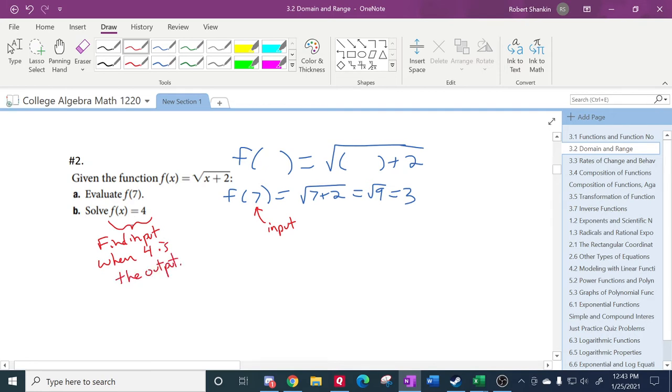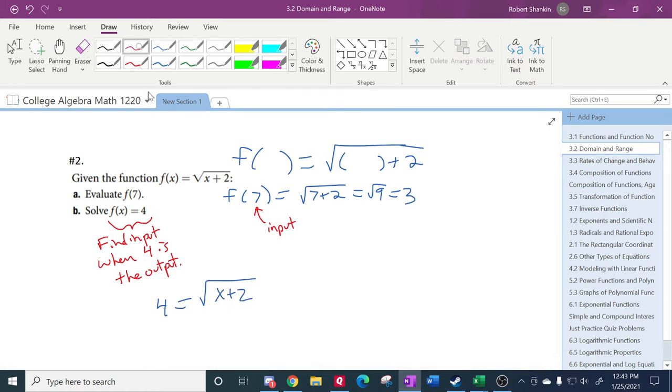That's what this is really saying. It's not saying, see, notice how x has been replaced by 7, so clearly the input is 7. The input is x, and f of x is the output. So we replace the f of x with 4. So it becomes 4 equals the square root of x plus 2.